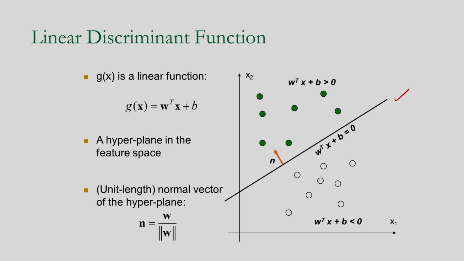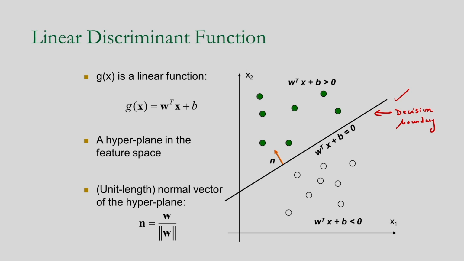You can see here I am considering a two-dimensional feature space, x1 and x2, and you can see this is the decision boundary between the classes.